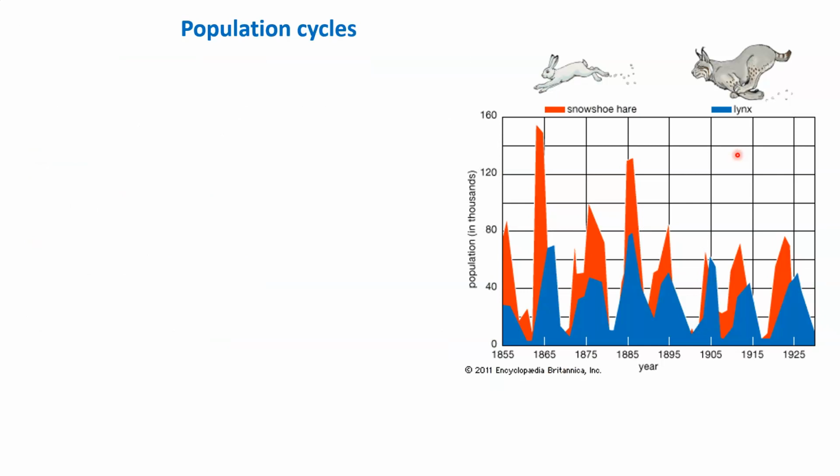Then population cycles. Now this is somewhat related to what I mentioned to you earlier with respect to wolves and moose. I mentioned that in the case of moose and wolves, the fluctuations you see in individual populations correspond to each other.